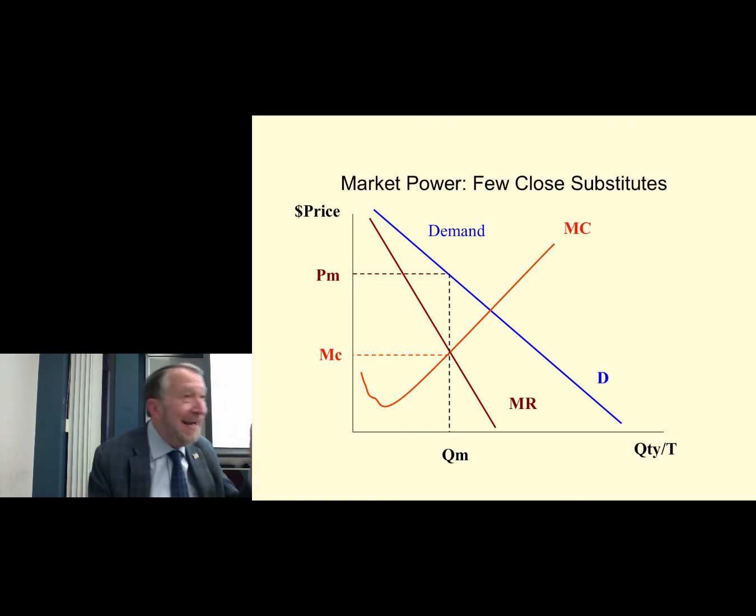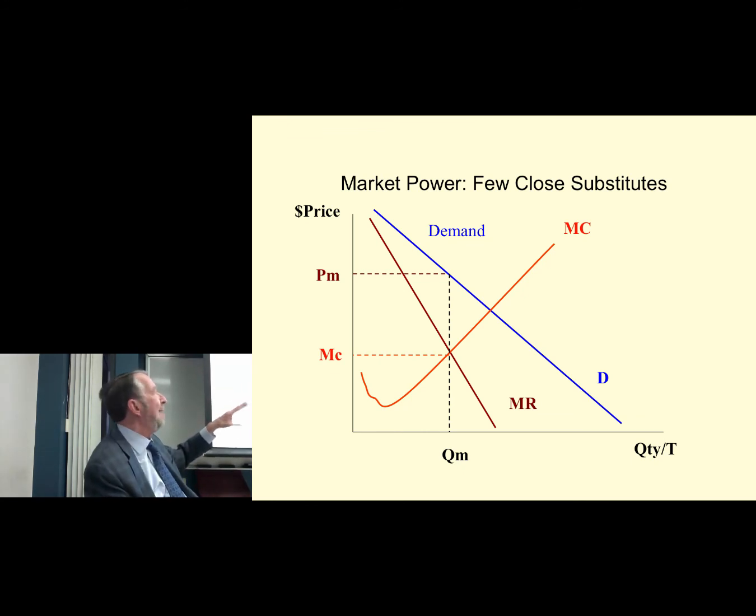So that's my example of this graph. It looked to me like Coach's marginal cost was probably around $400 because the Macy's bag looked like it was pretty similar, but they were selling it for $800. So clearly they have market power, but the ratio is not the same as it was. It's 2-to-1 in this case.